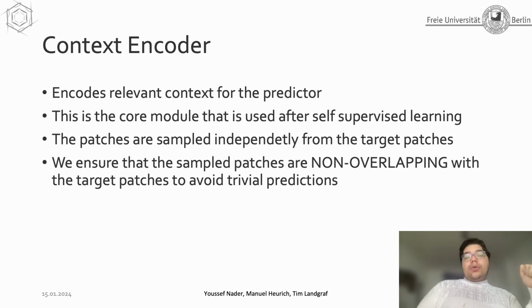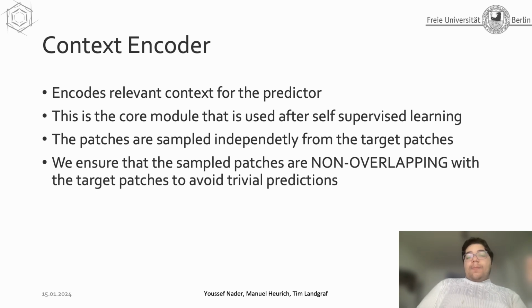The context encoder tries to encode relevant context for the predictor, so it's trying to search for the semantically rich information and tries to encode that. And usually the context encoder is the module that you take out of the self-supervised pre-training. This is the module that you're going to use in prediction, so this is typically the network that you use afterwards.